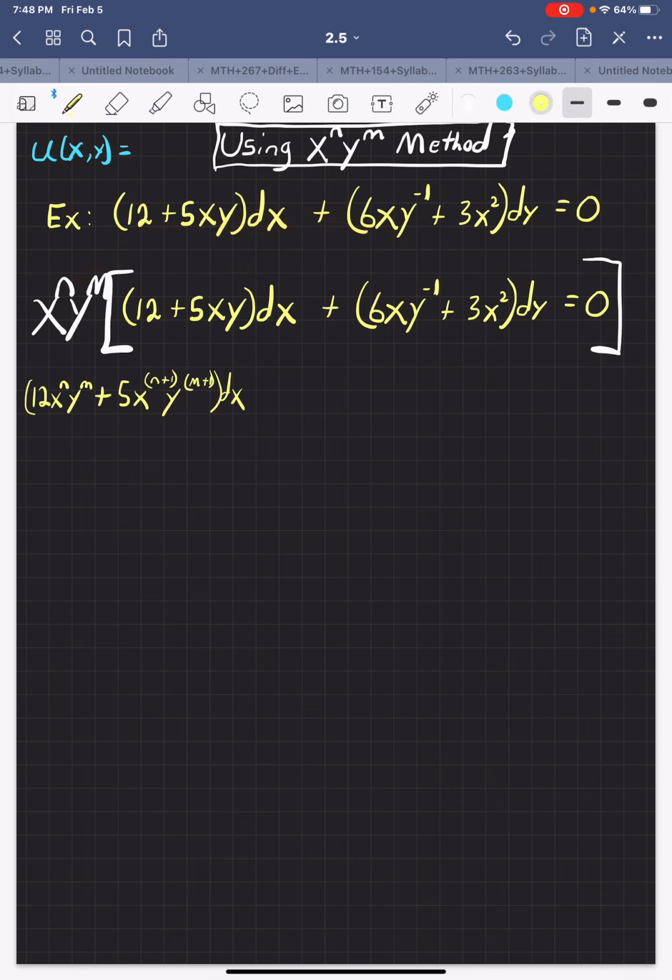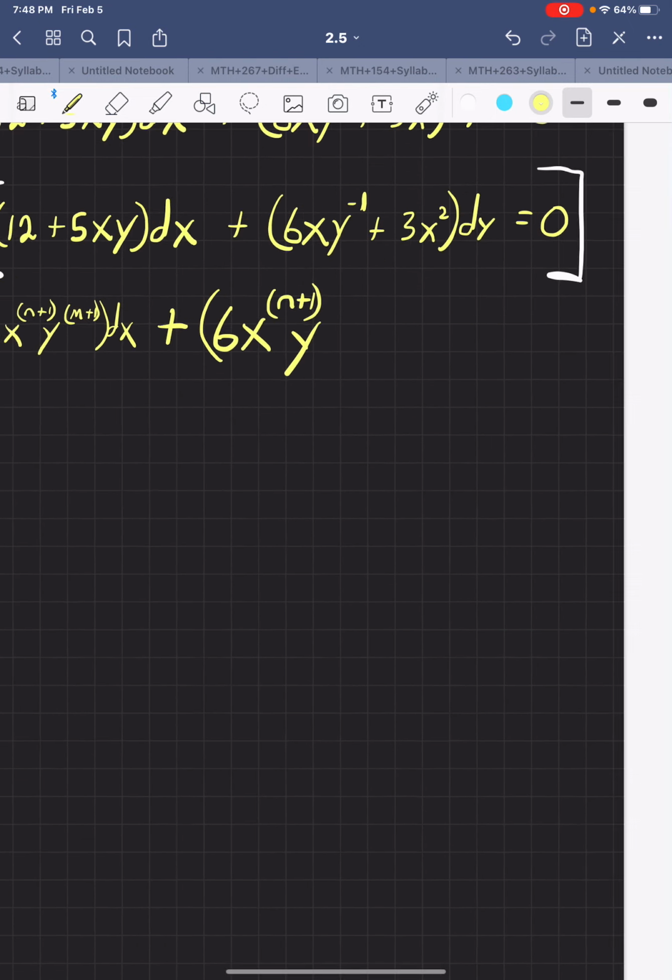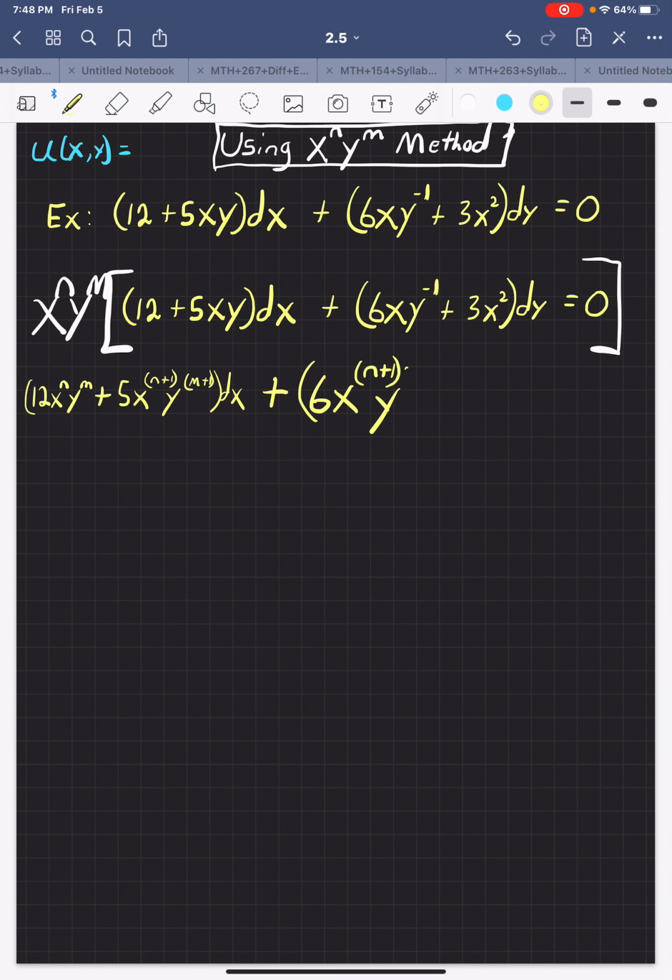So plus 6. That again is going to be x to the n plus 1. And now this is going to be y to the m minus 1. Oh, my apologies, y to the m minus 1. All right, so that is distributing to this term.